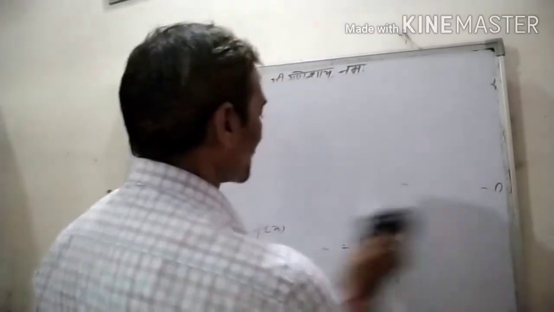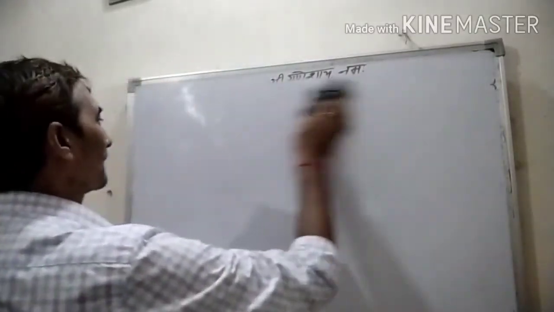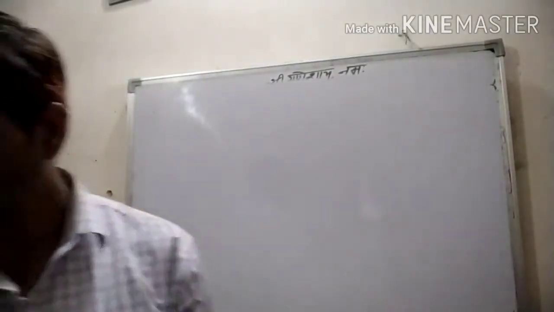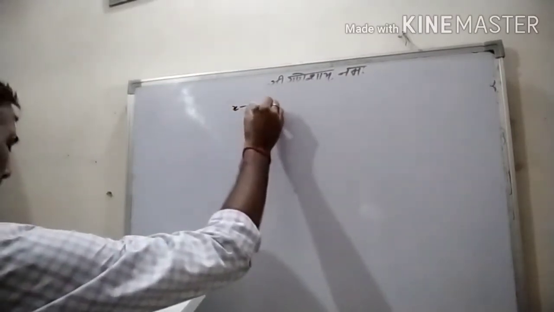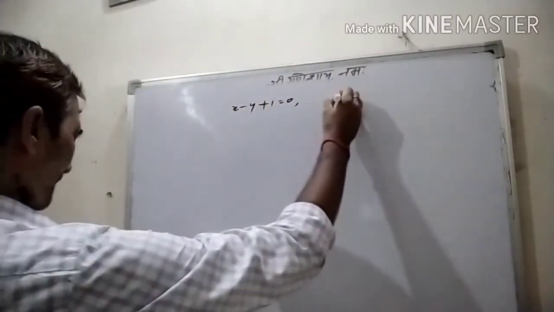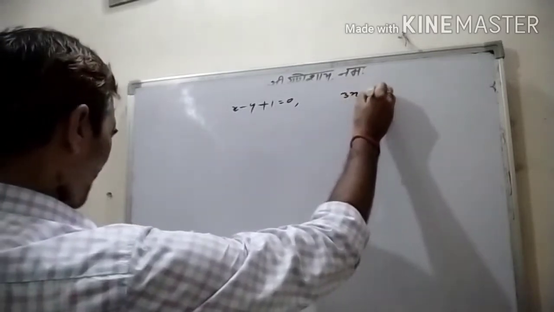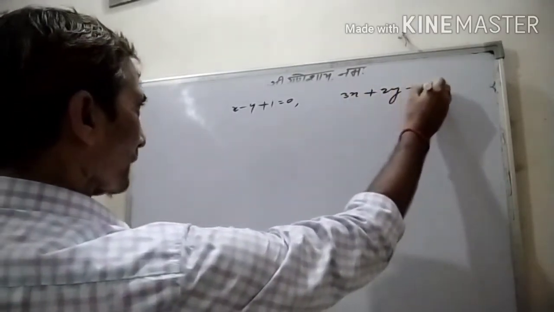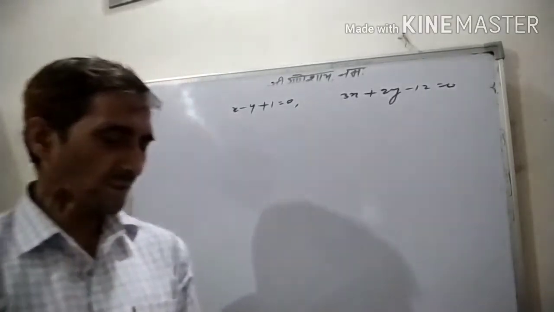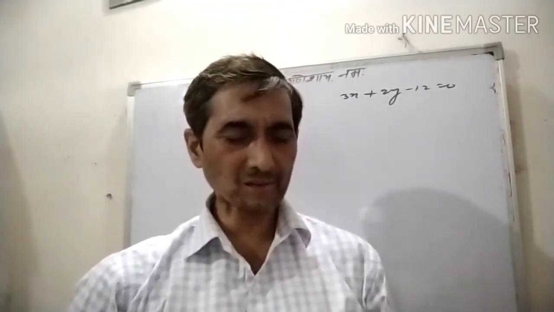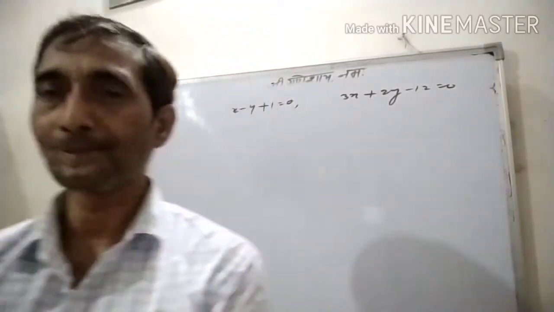Question 7 of exercise 3.2: draw a graph of the equations x minus y plus 1 equal to 0 and 3x plus 2y minus 12 equal to 0. Determine the coordinates of the vertices of the triangle formed by the three lines: the x-axis and the given two lines.